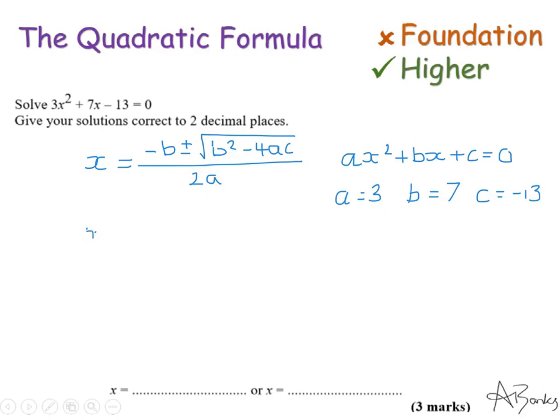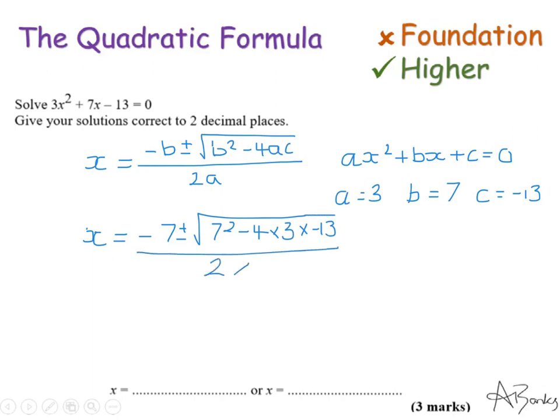So I've got x equals minus 7 plus or minus the square root of 7 squared minus 4 times 3 times minus 13, all over 2 times 3.